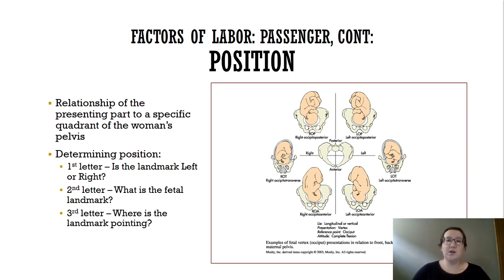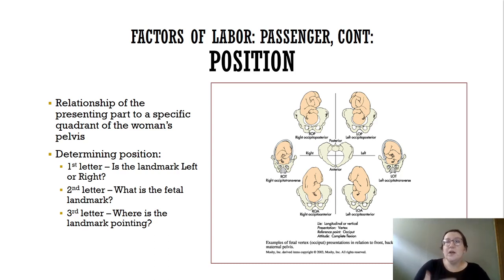So we're talking about how the fetus's presenting part is, and when we're looking at like a pretend map of the mother's pelvis, and kind of determining how that relates to a specific part on her pelvis.